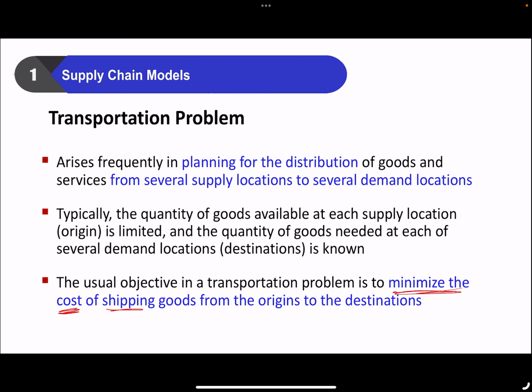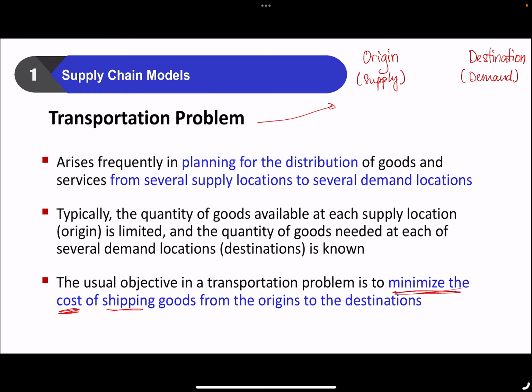So what characterizes a transportation problem? We have the origin and we have the destination. The origin is what we call the supply location, and the destination is what we call the demand location.